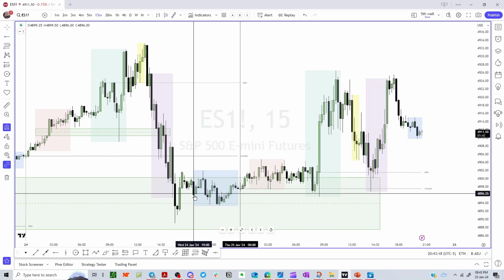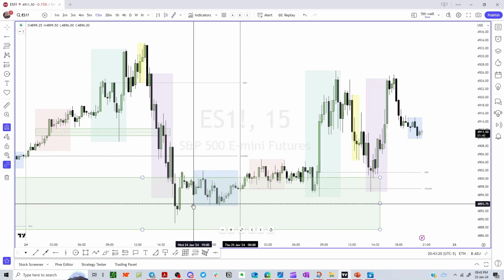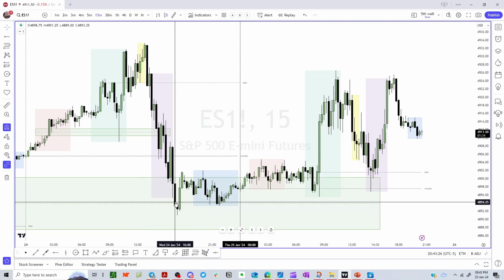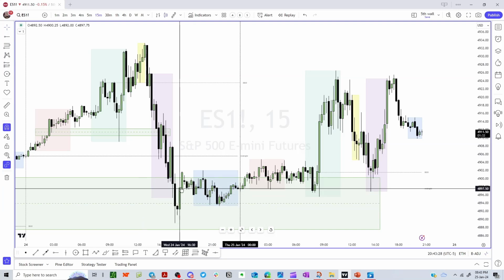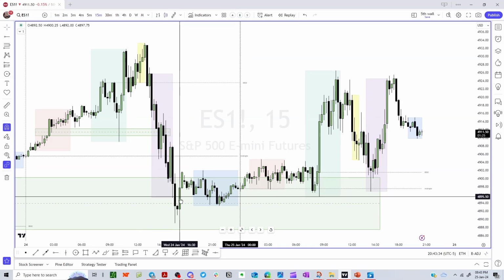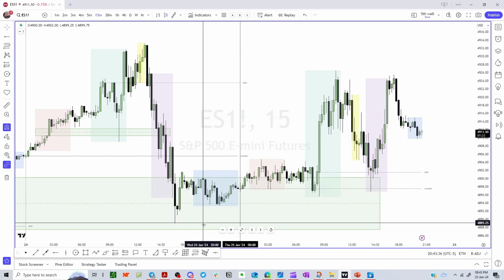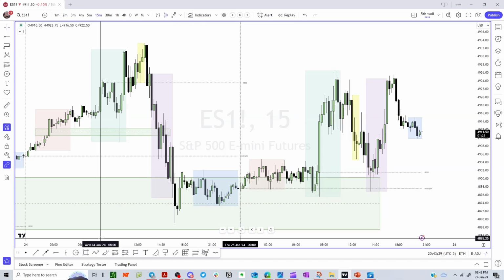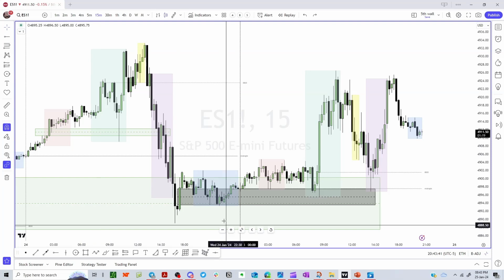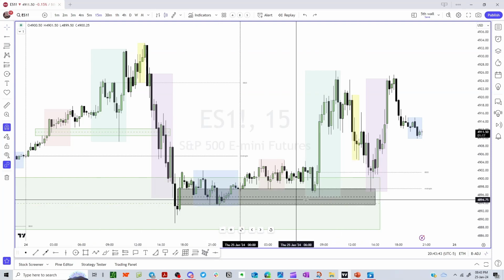You have a trade back above consequent encroachment of the 4-hour fair value gap, and also this balanced price range. Down close candle, up close candle with bearish fair value gap, bullish fair value gap, and significance of that.